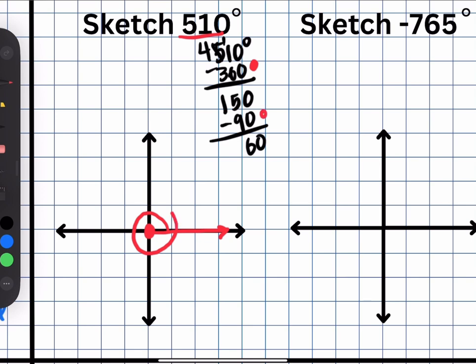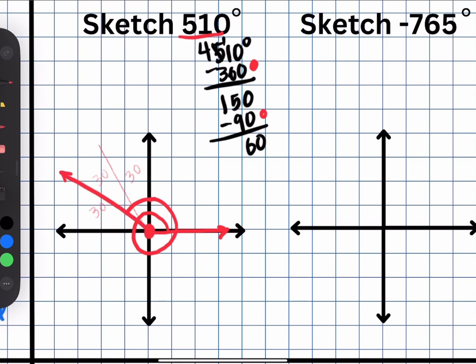So another 90 degrees would look like this. And then I need to travel 60. And remember that for the 30s and the 60s, those are thirds of 90. So I know that this section is 30, this section is 30, and this section is 30. And I want 60. So I would need to travel 2 of these sections, which would put me right here.